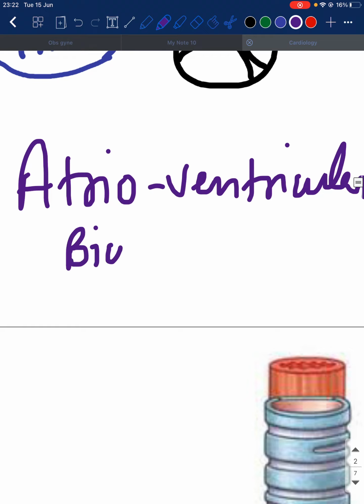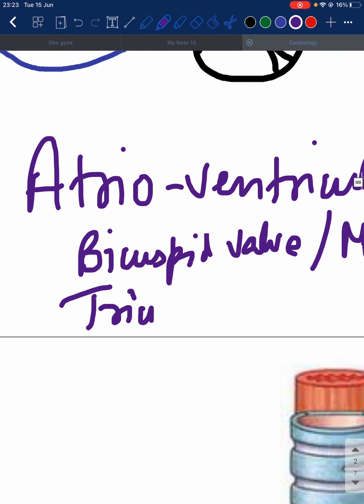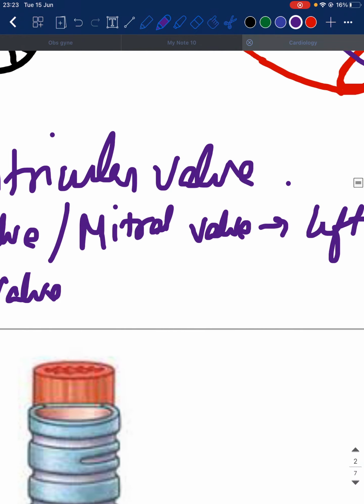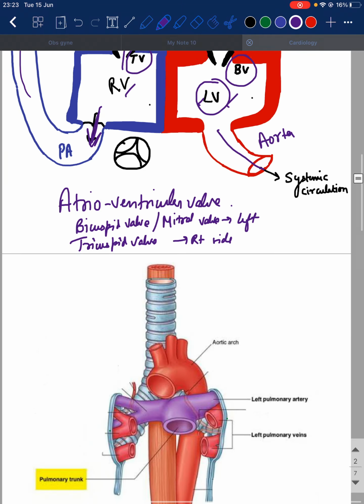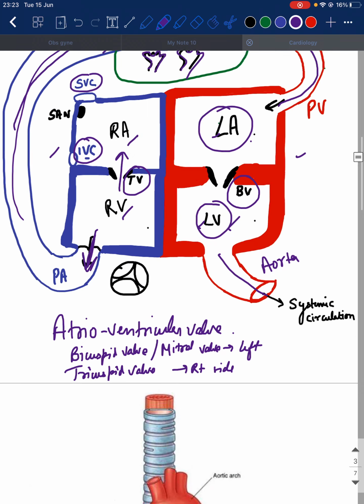So the bicuspid valve, also known as the mitral valve, is present on the left side, and the tricuspid valve is present on the right side. Okay, so bicuspid or mitral is on the left side, and tricuspid valve is on the right side.